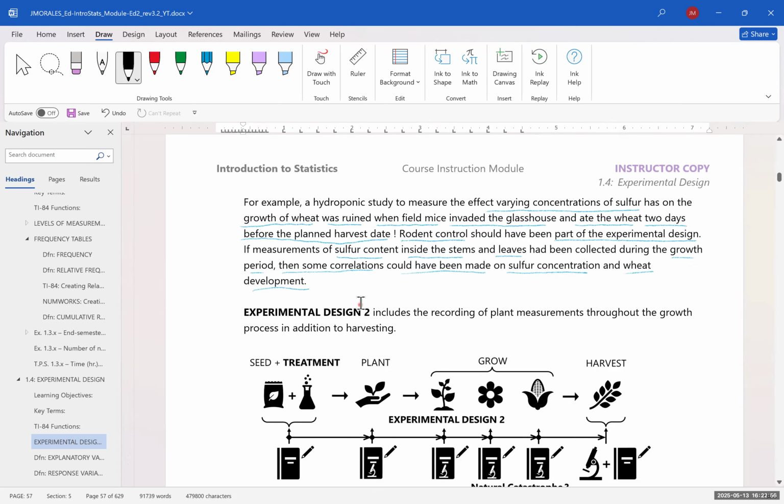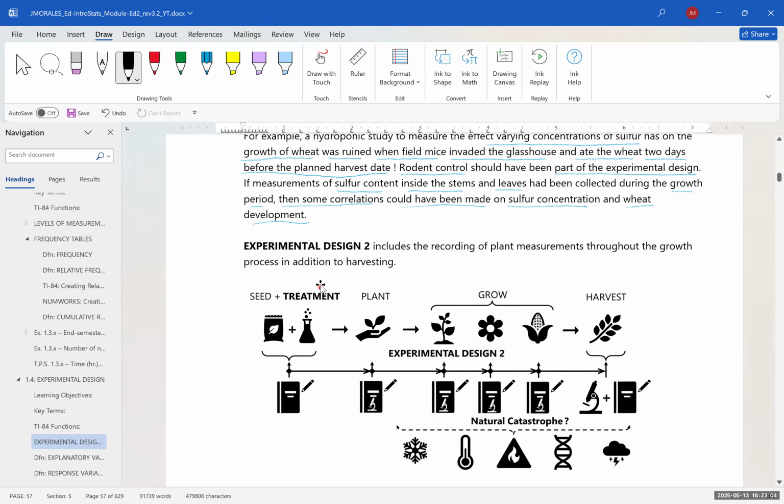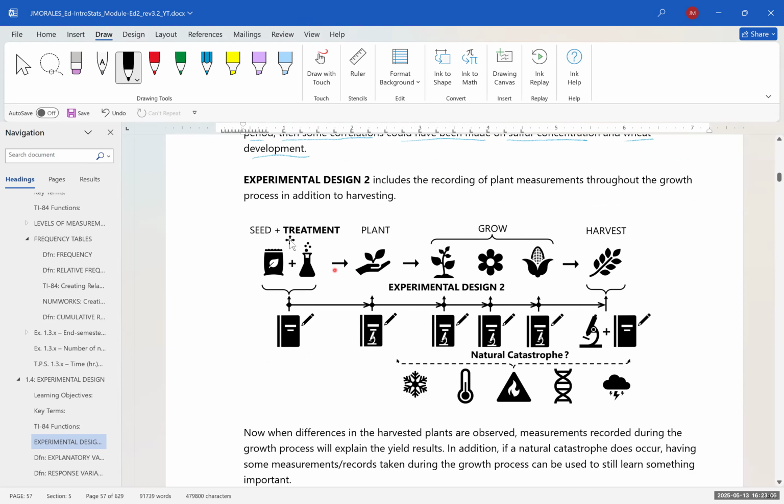So experimental design 2 includes recording of plant measurements throughout the growth process in addition to harvesting. So, in addition to recording the initial conditions of the experiment, you record information about the planting. You record information about the germination and the early growth. You record information about the maturing of the plant.